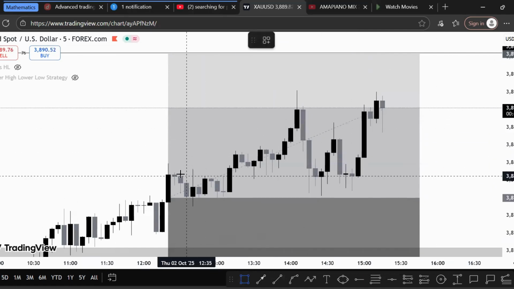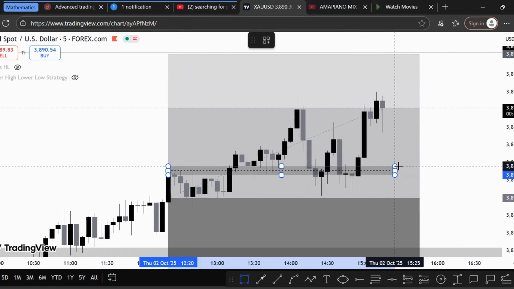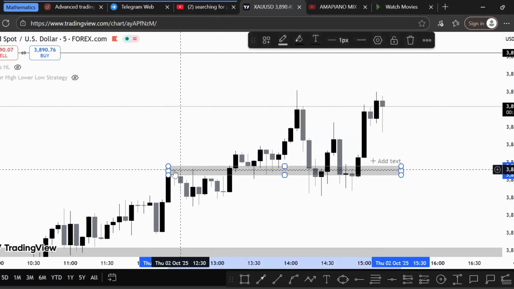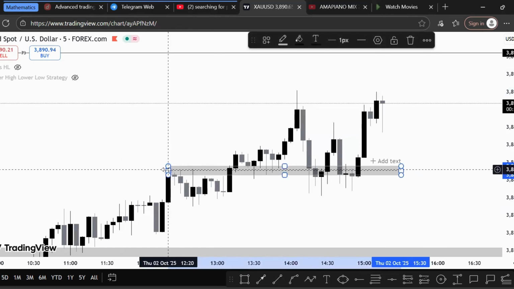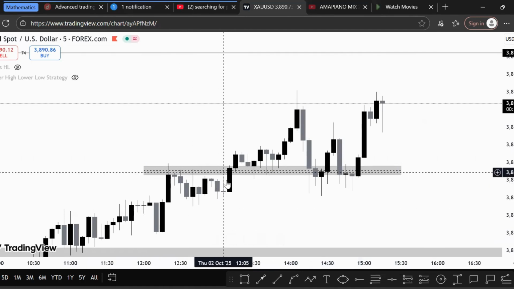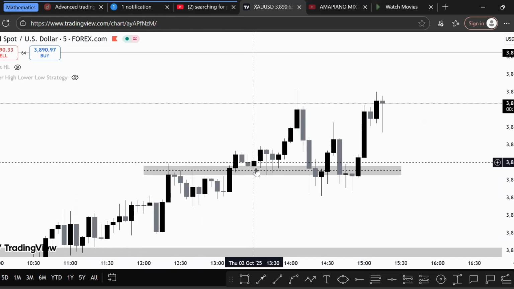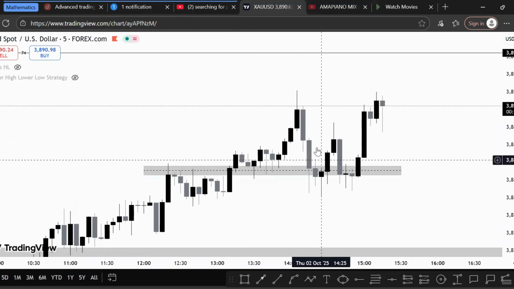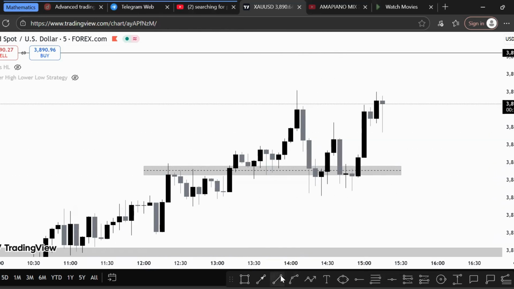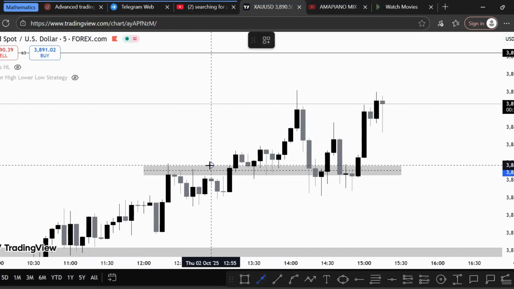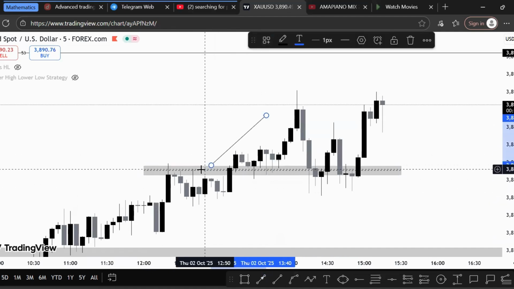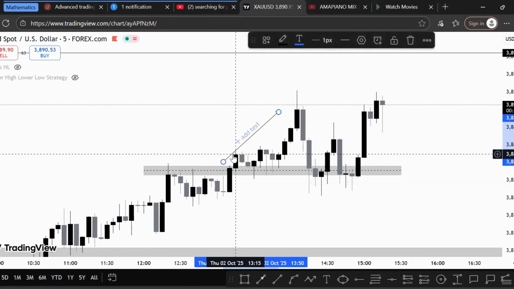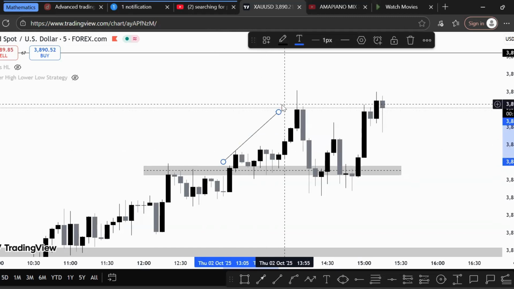But I see price bouncing off this level on the 5 minute. It broke above, bounced off this level again, went up, broke below, but bounced off. That on a smaller time frame would have been the indication that price is able to buy above those levels.